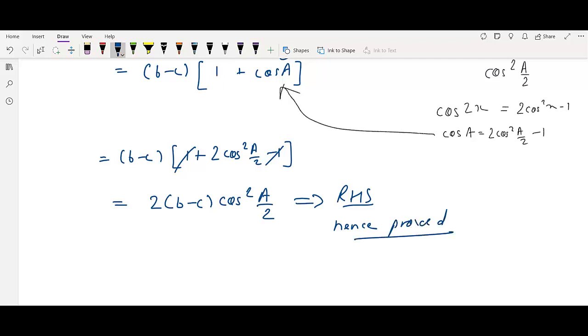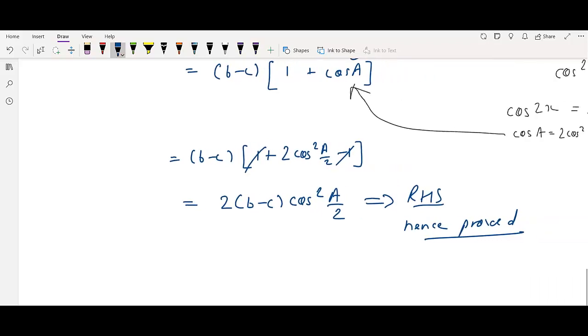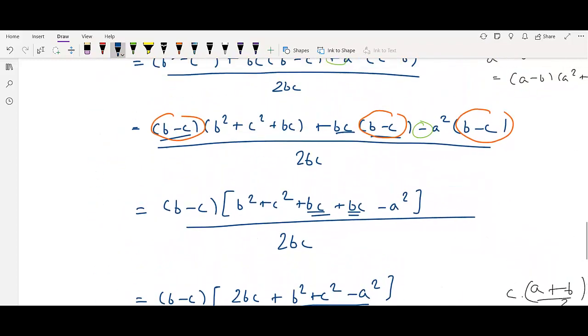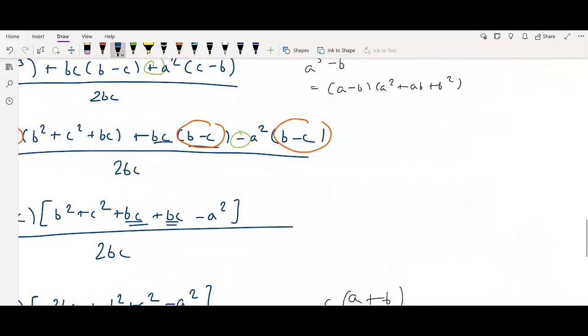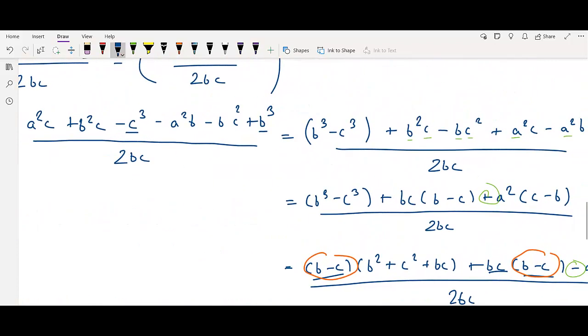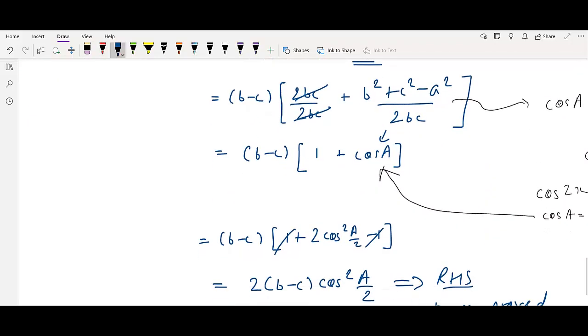Alright, so this was a tedious method of solving the same question. As you can see, we went over some cubic identities here, some extensive solving of at least 8 to 9 steps, but eventually we were able to prove that LHS equals RHS.